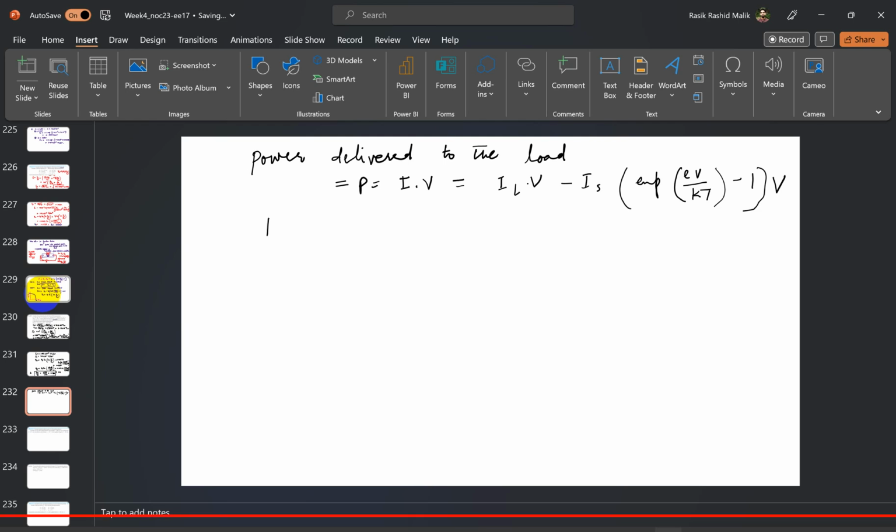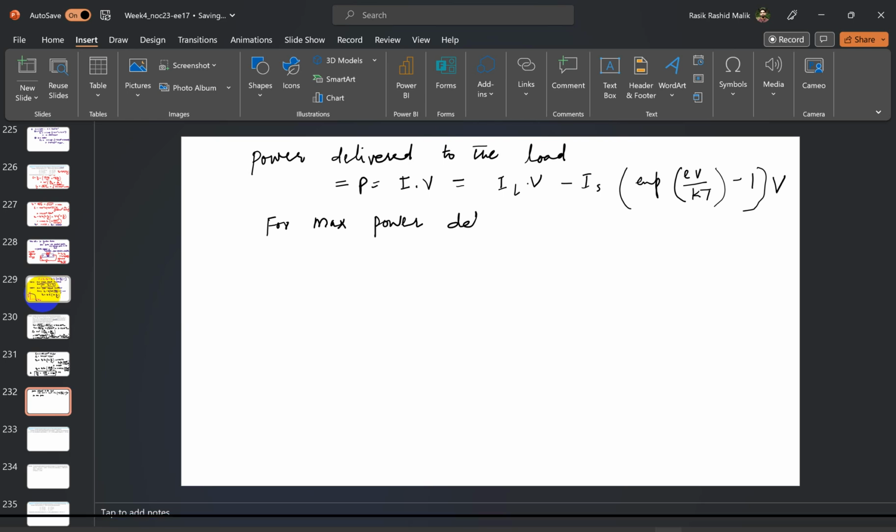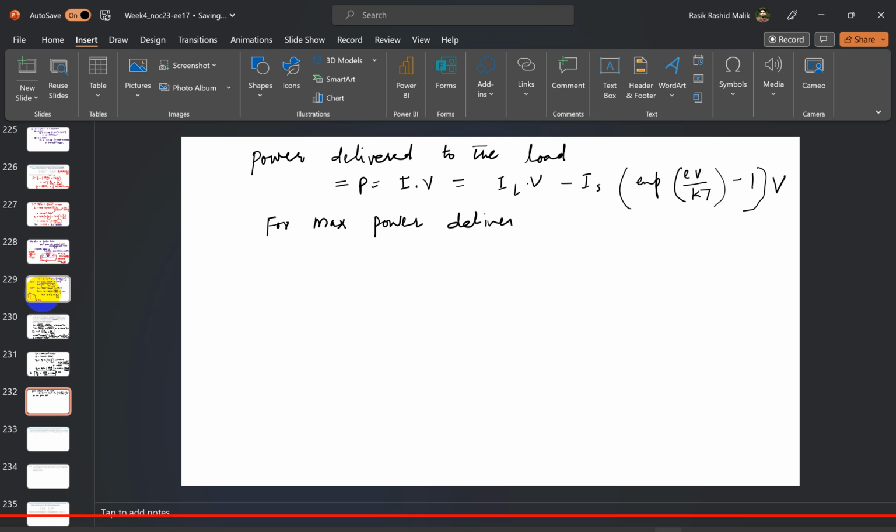So for maximum power delivered to the load, we will have dP/dV equal to 0.